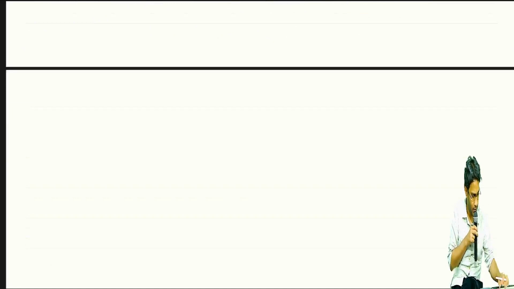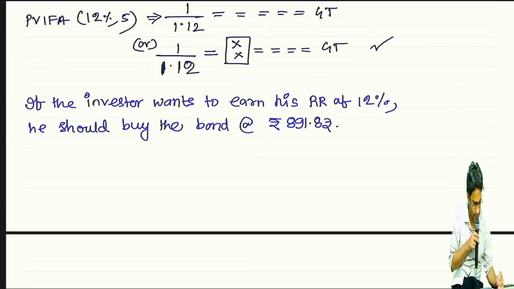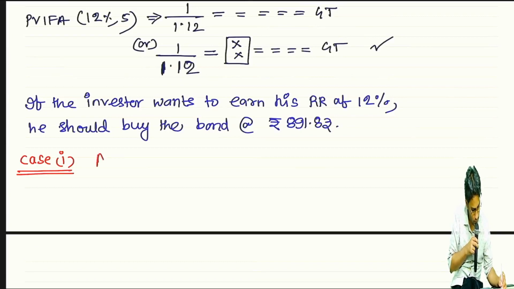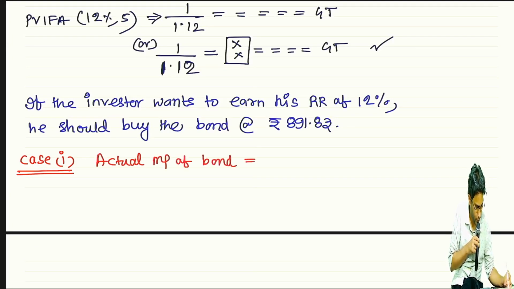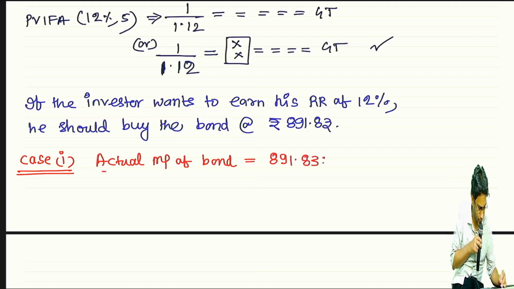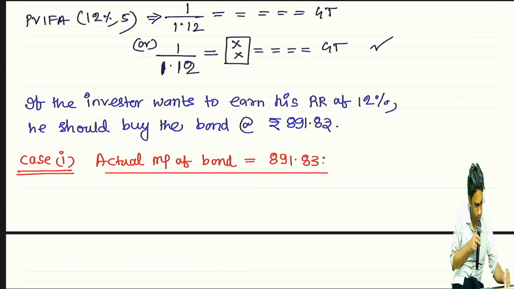Now, sir, let us make further cases in this. Case 1. Actual market price of the bond is equal to 891.83. So whatever you computed as fair value and the real market price, they both are coincidentally same.